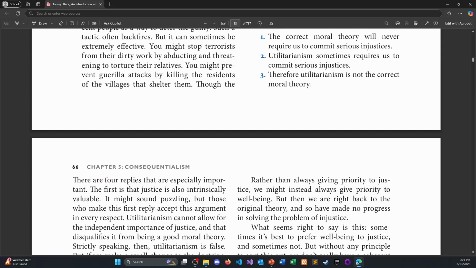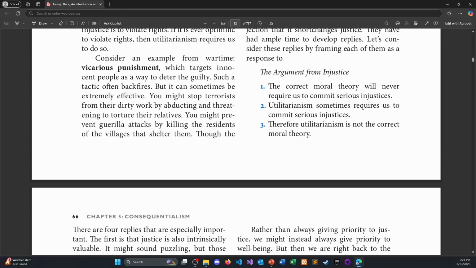So the basic idea is that we have this argument. If we accept all of these premises, then we have this conclusion. But there are some replies that can be made to these premises. And if those replies succeed, then we can reject one of these premises, and it may be then that the argument fails.